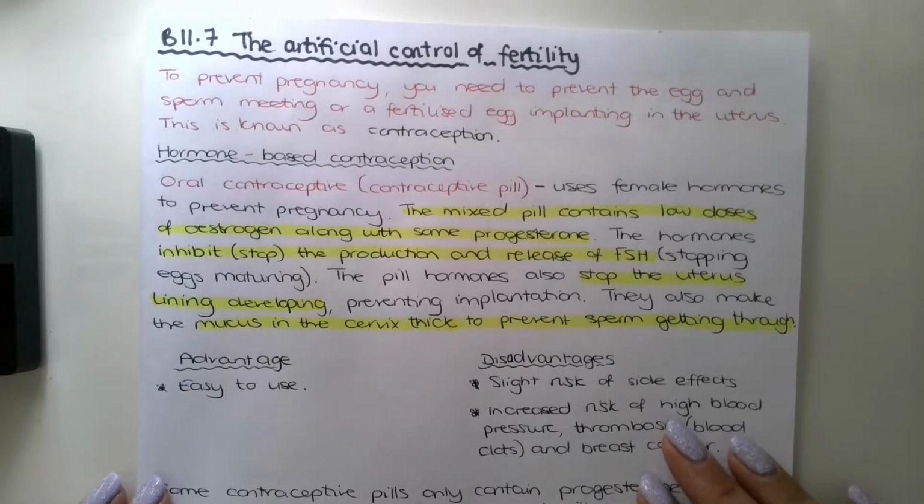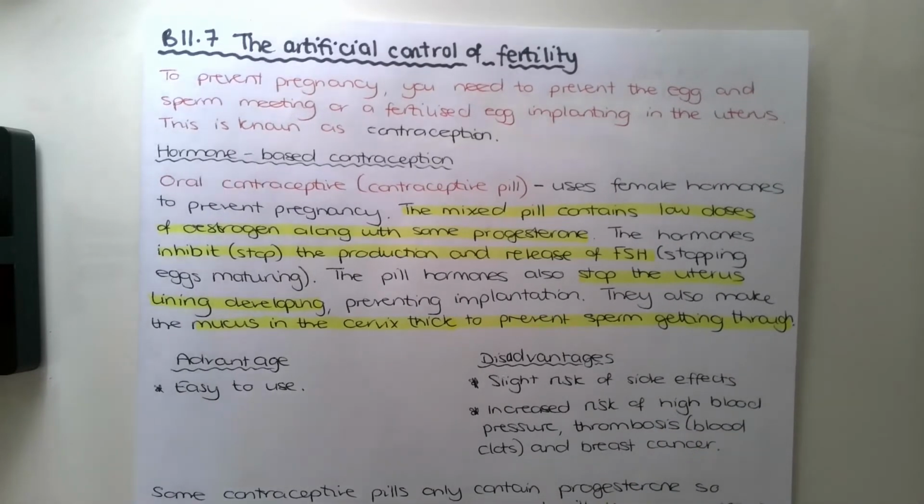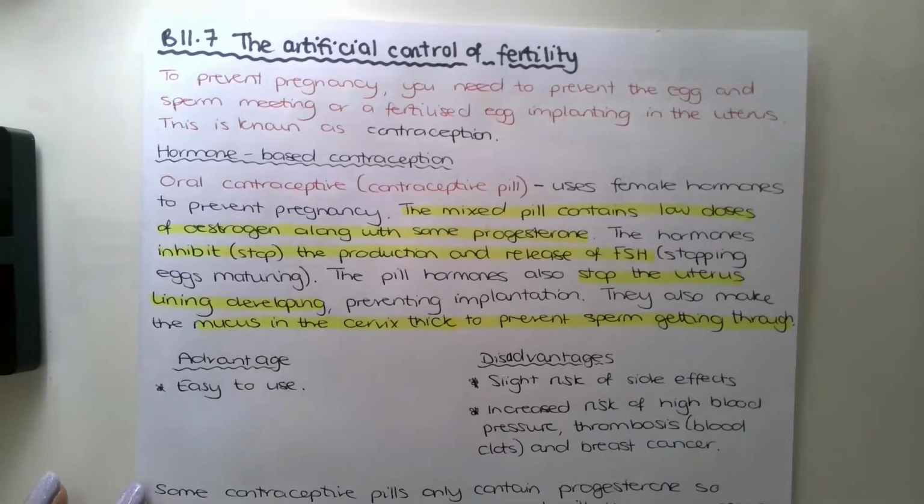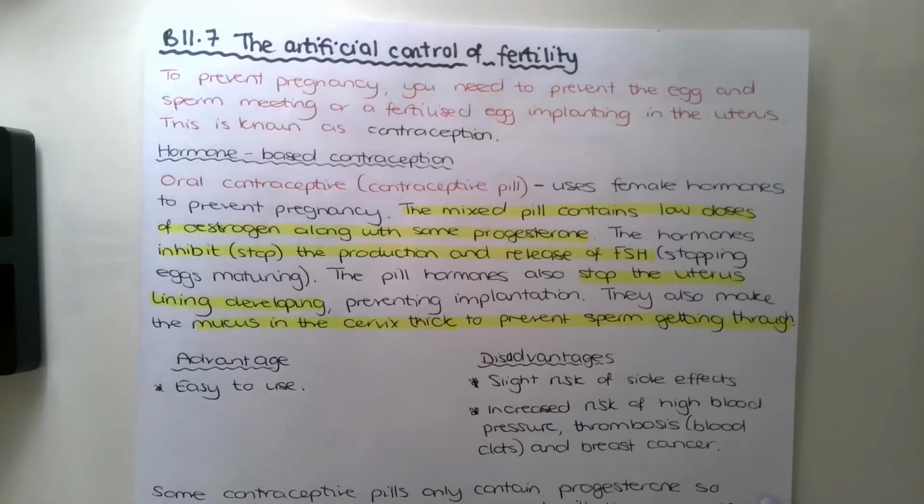So I'm going to go through some different contraceptive types quickly, and then we'll explain the advantages and disadvantages of each. The first one is hormone-based contraception. We're going to look at the oral contraceptive, or the contraceptive pill. A female uses this, and it uses female hormones to prevent pregnancy. The mixed pill contains low doses of estrogen along with some progesterone.